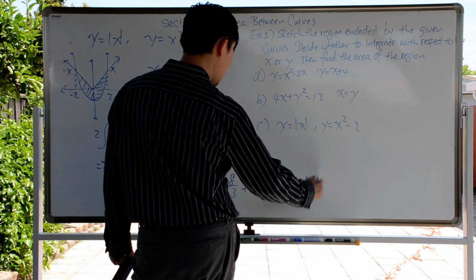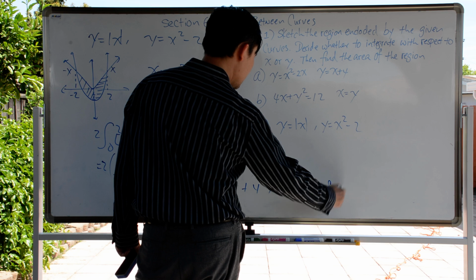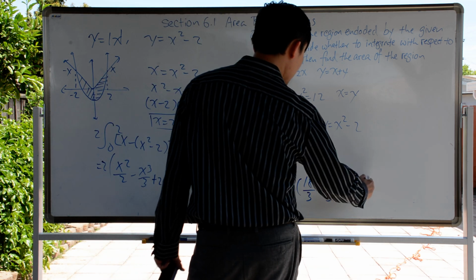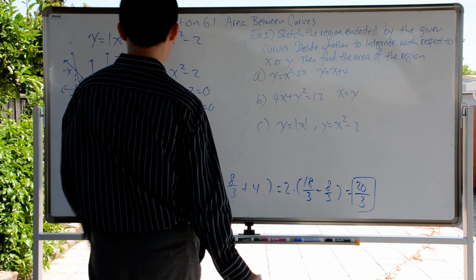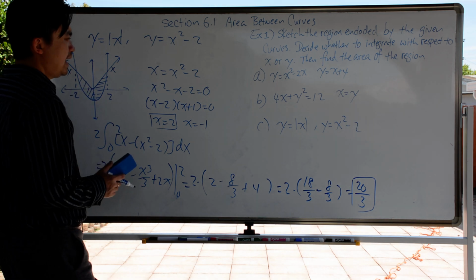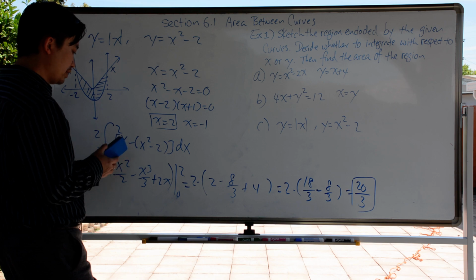So we got 18 over 3 minus 8 over 3. So it's 10 over 3 times 2, so it's 20 over 3. And that would be the area of this whole thing. So half of it would be 10 over 3. Okay, so now let's see what else we have for the other part of the whiteboard here.